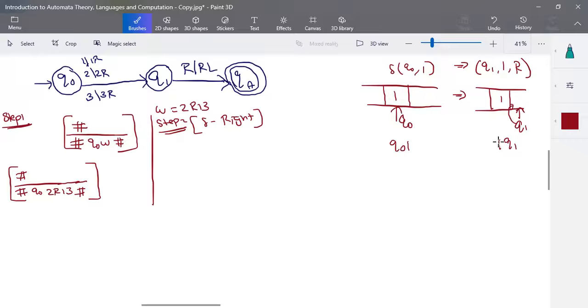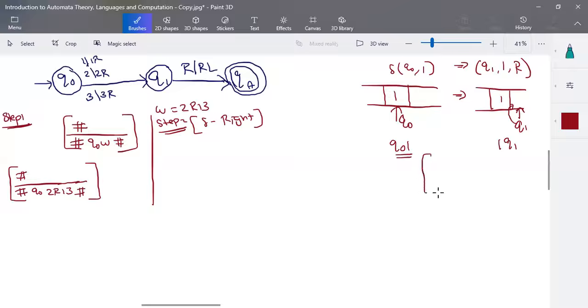Instantaneous description means wherever your read write head focuses, to the prefix of it you add your state. So this is Q naught 1. After transition, 1 remains as it is, but your read write head moves 1 step ahead, so 1 will be followed by Q1.